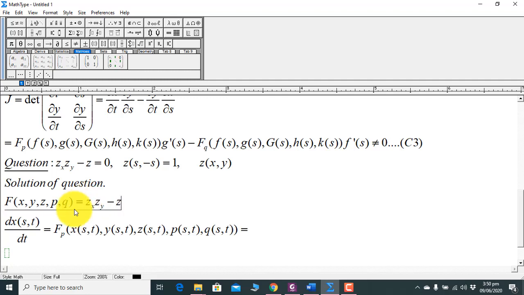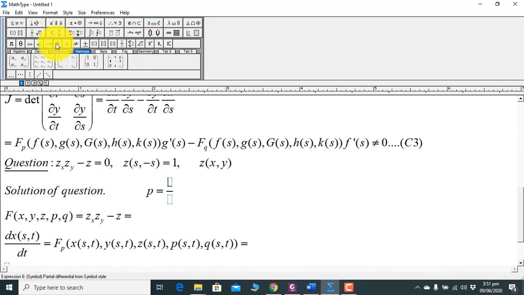Now what is the second step? What is F p? You have to write this equation in terms of p and q. Please remember, p was partial z by partial x, or you can say z x.